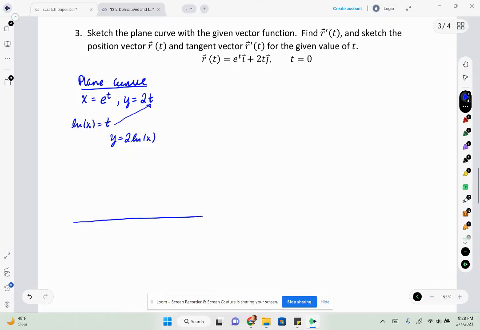I actually don't need much of a negative side. Okay. Now the natural log function, when x is 1, we get 0.